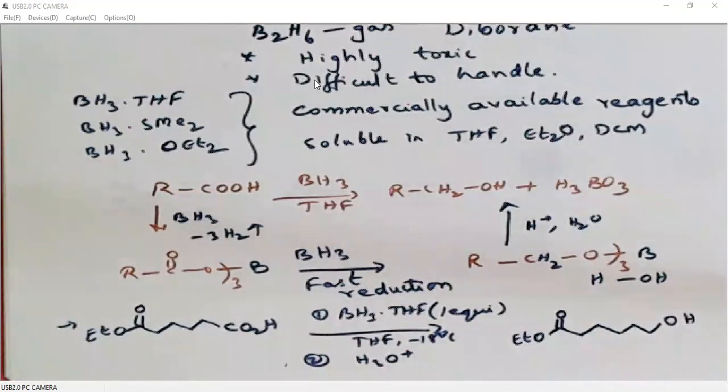Ester also undergoes reduction with borane, but the reaction is very slow. So when we use only one equivalent of borane, borane will selectively reduce the carboxylic acid to the corresponding alcohol, whereas the ester group will not be reduced.